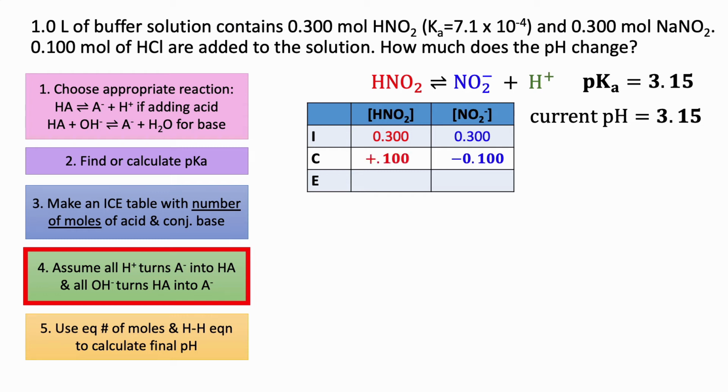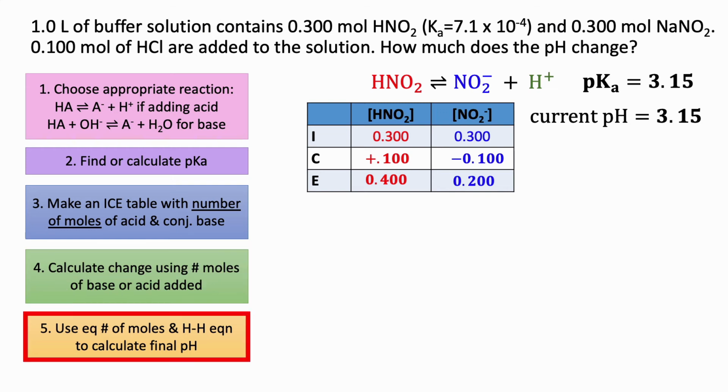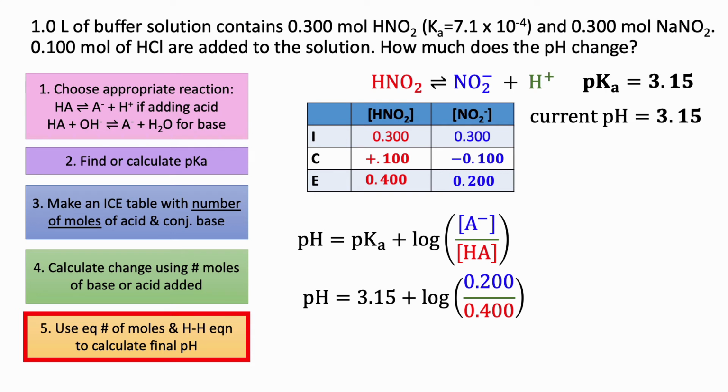We're going to gain 0.100 moles of nitrous acid, and now we can get our equilibrium numbers of moles. Now we're going to take those numbers of moles and plug them into the Henderson-Hasselbalch equation to calculate our final pH. So our pH is going to be our pKa, 3.15, plus the log of 0.2 divided by 0.4, and that gives us a pH of 2.85.